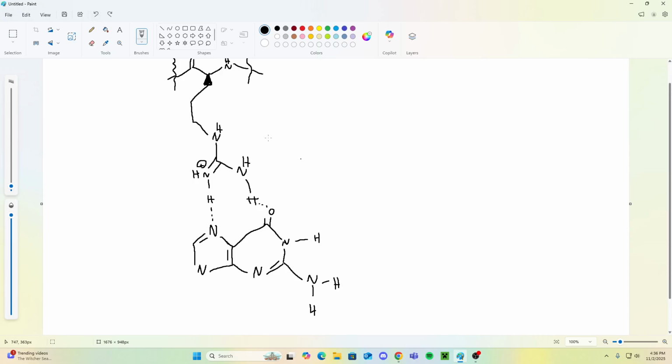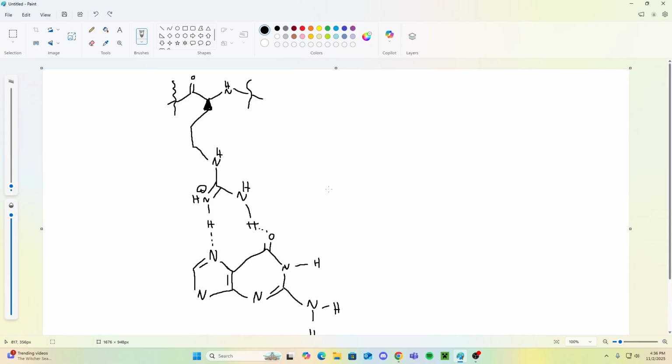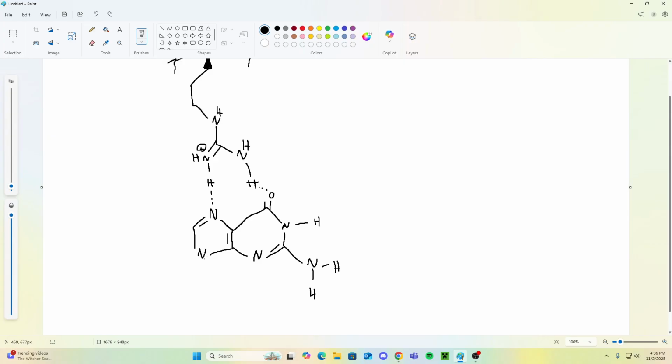However, in an image like this, if they ask you this question, it's okay if instead of writing it like this, you draw out that hydrogen bond to show that proton interaction with the groups. It's both easier to draw and to show what the question is asking.